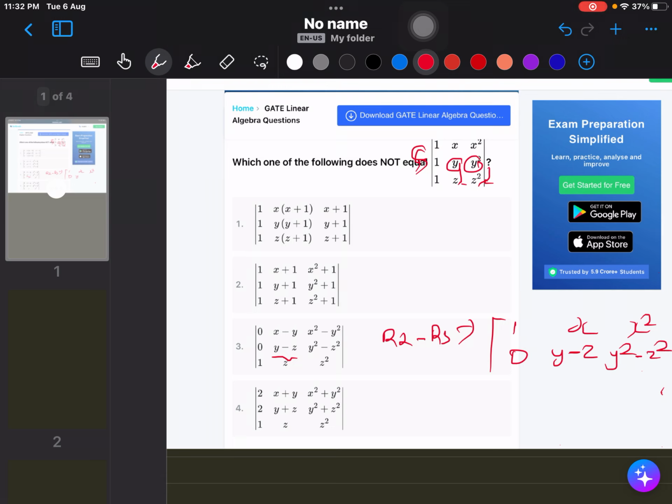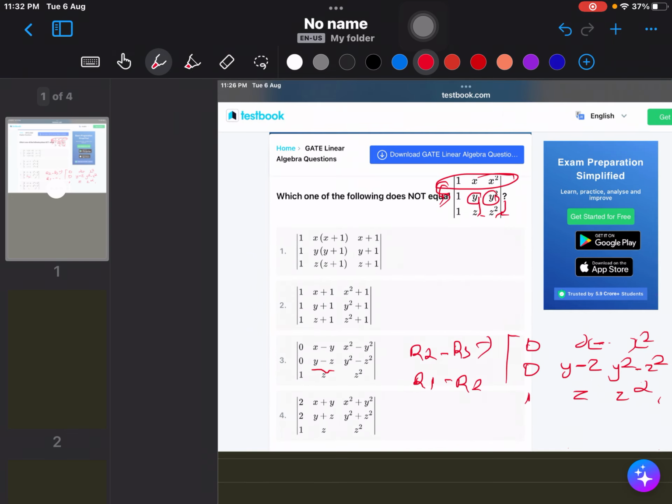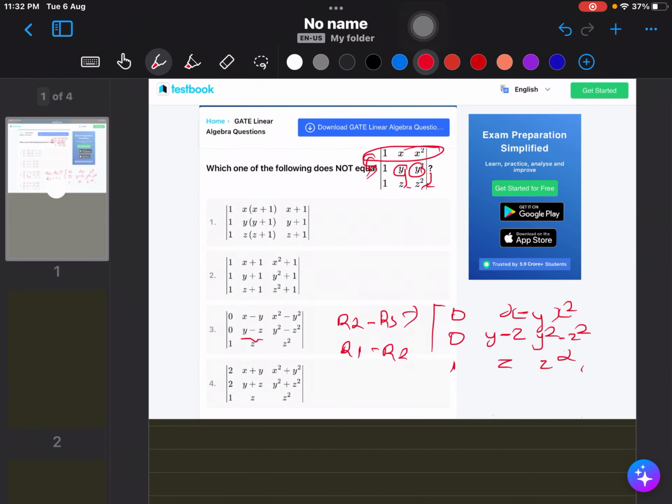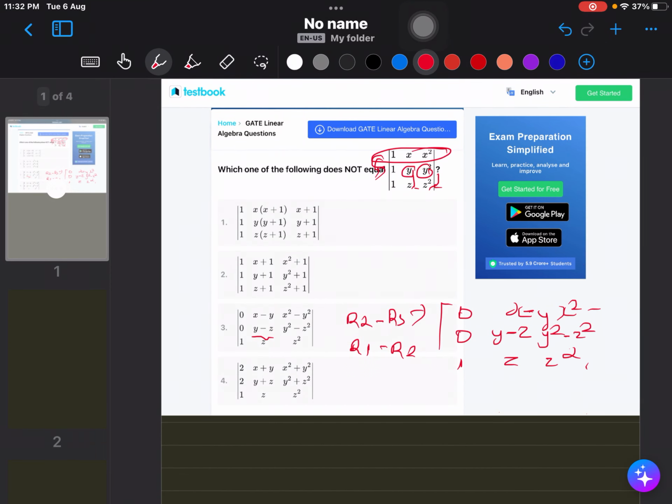And another equation we will use, like we are getting here, row 1 minus row 2. So this will be 0 1 z square, 0 x minus y and x square minus y square.